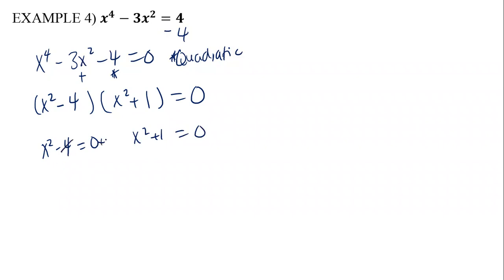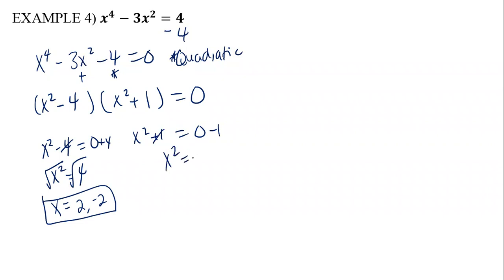I add 4. That gives me x squared equals 4. So x equals +2 and -2, because when I take the square root, it produces a positive and a negative. Here, again, subtract 1. Gives me x squared equals -1. Take the square root.